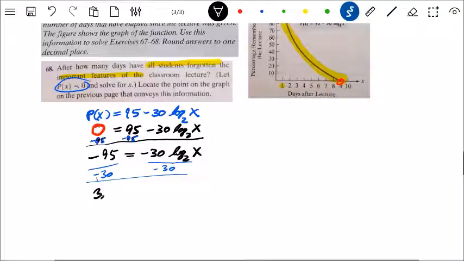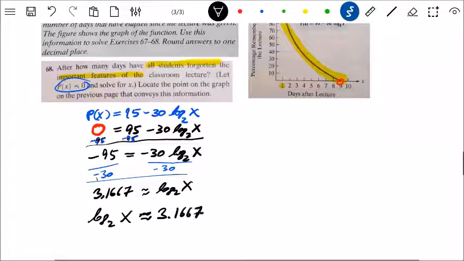So we go 4 decimal places and round only then. 3.1667, and that's approximately log base 2 of X. Okay, so now I'm going to switch it around. It is still approximately equal, and we can switch them around as long as we keep the relationship the same with negatives and positives.